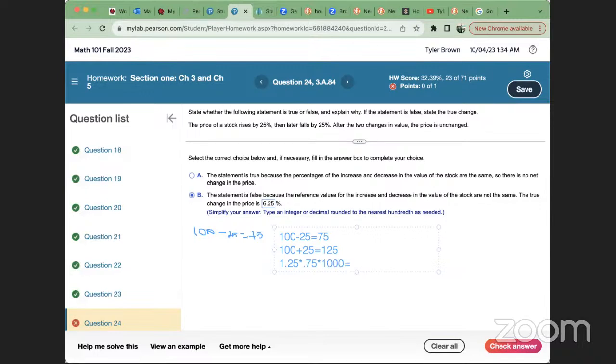So I do that. 1.25 times 0.75 times 1,000. 937.5.